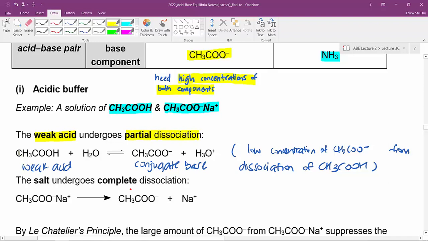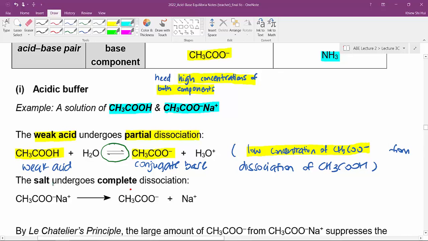So this is the dissociation equation for the weak acid CH3COOH to form CH3COO- and H3O+. Because it is a partial dissociation, you only have a low concentration of CH3COO- from the dissociation of CH3COOH. Do note the use of a reversible arrow to indicate the partial dissociation.